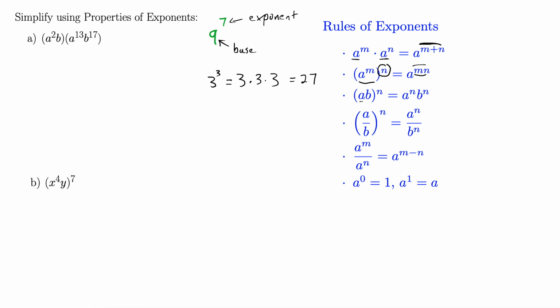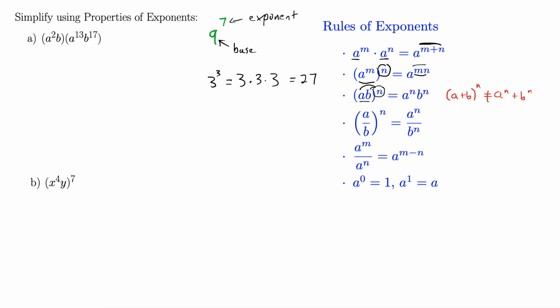Base to a power taken to another power, multiply them together. When you have a times b here and you're taking both of these to the power of n, this n distributes through to both of the bases to give us a to the n times b to the n. Now it's easy to confuse this one, tragically, with another very similar looking situation, a plus b to the power of n. That does not equal a to the n plus b to the n.